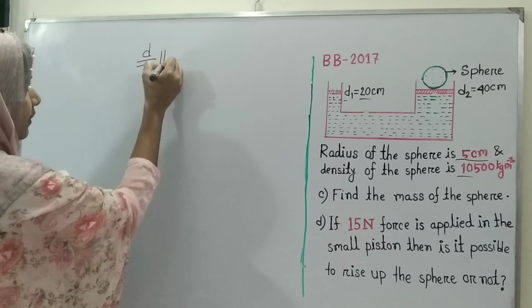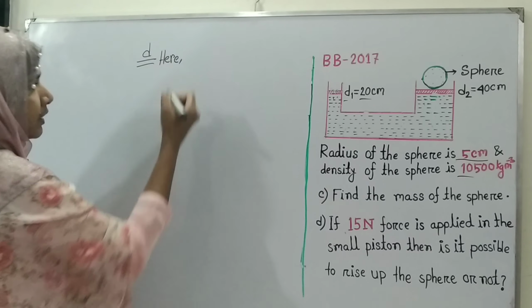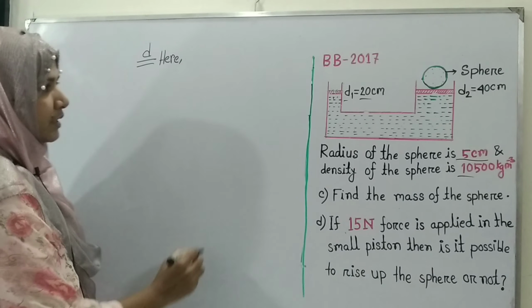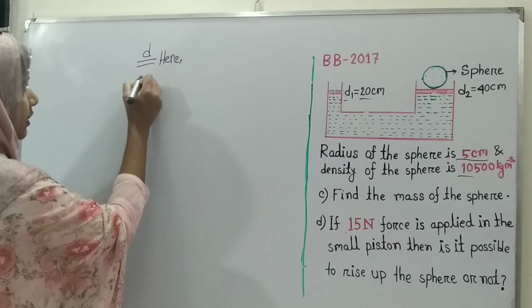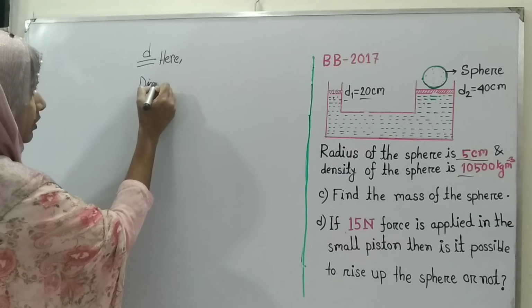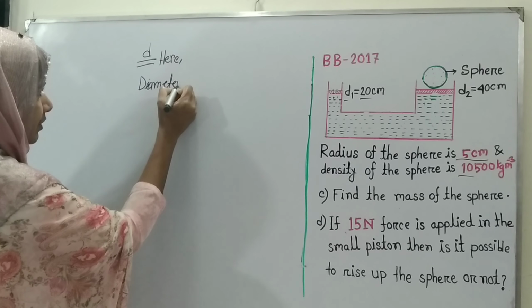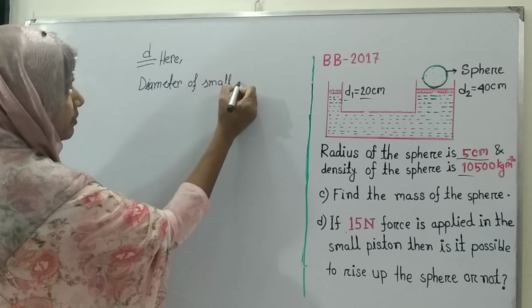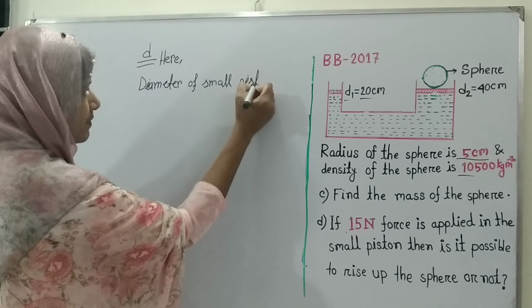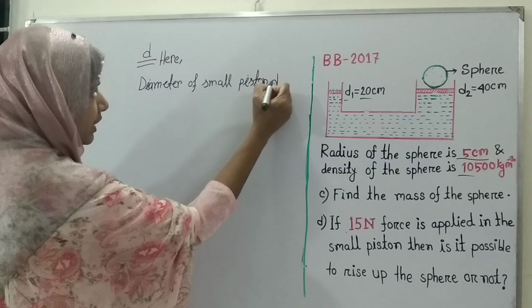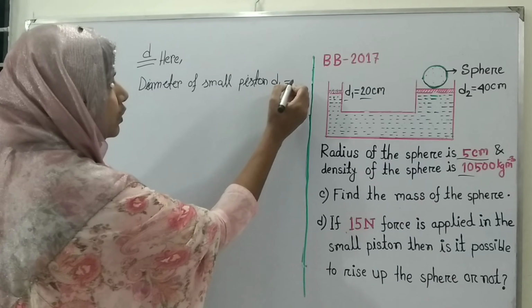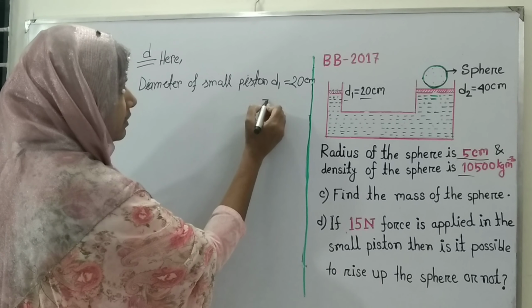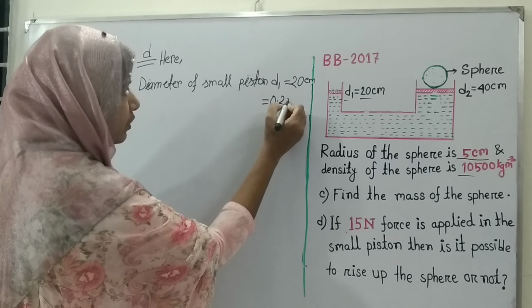Now here the given information is, you can see that the diameter of the small piston D1 equals 20 centimeter, that means 0.2 meter.